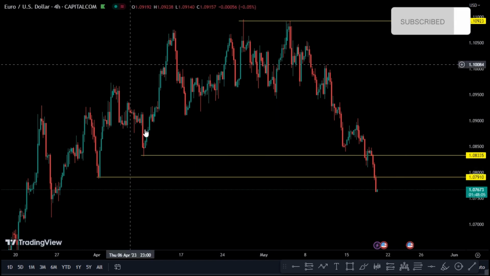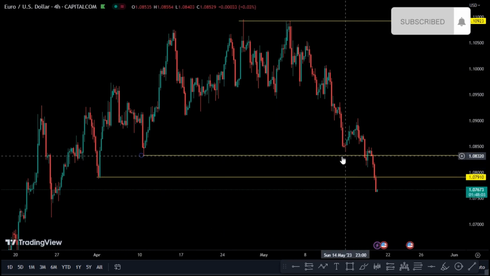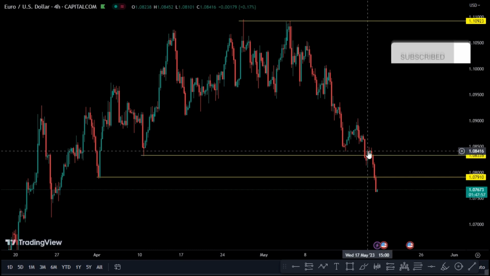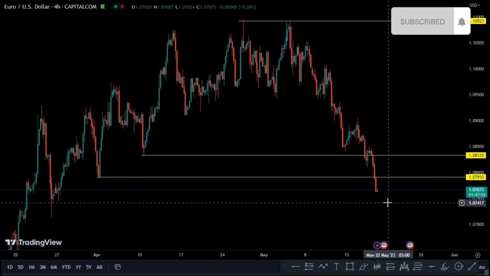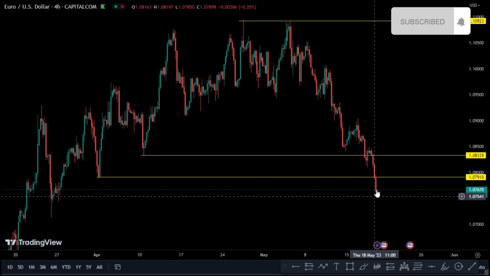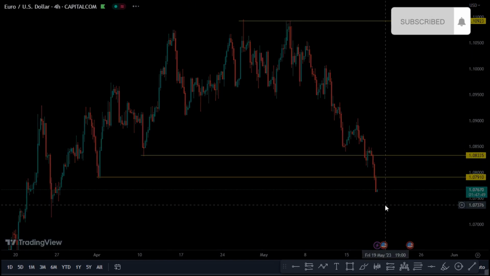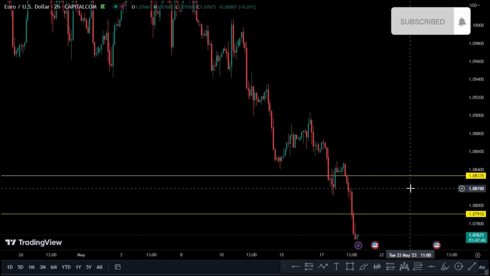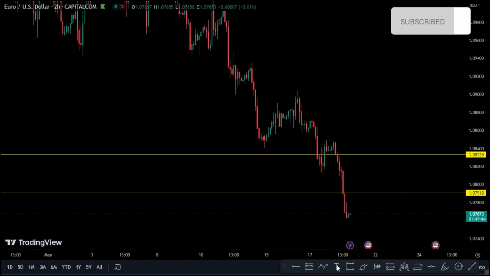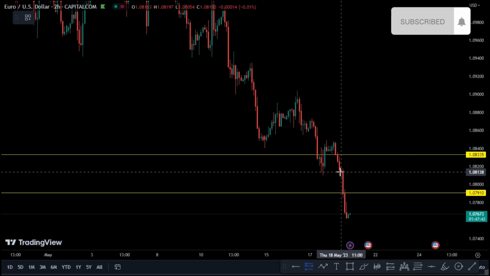Before we change the time frame, as you can see here, this is a significant zone. So if this zone was broken, then we were pushing to the downside. That is where I was anticipating a short, and this area here is the area where we took that sell.